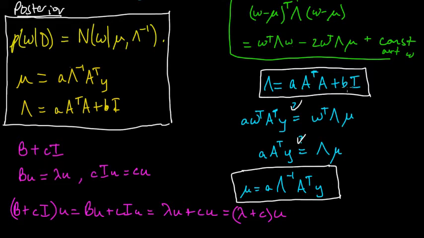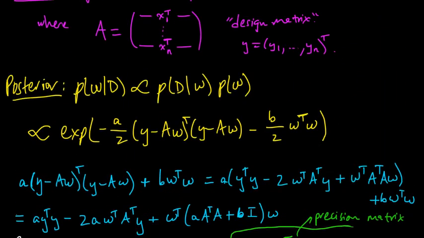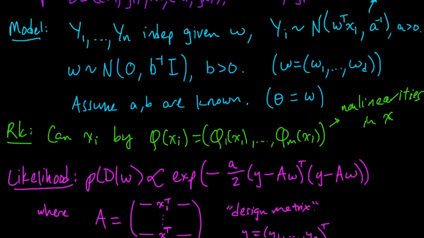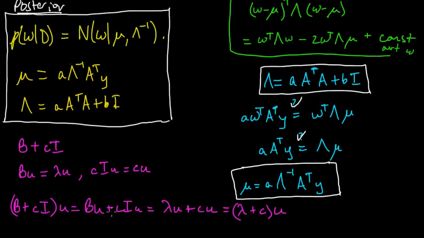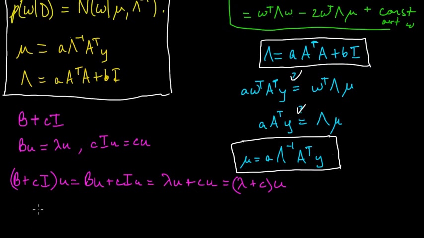Remember, the constant here was the precision, and it was strictly positive. So if this C is strictly positive and lambda is greater or equal to 0, then of course lambda plus C is strictly positive.